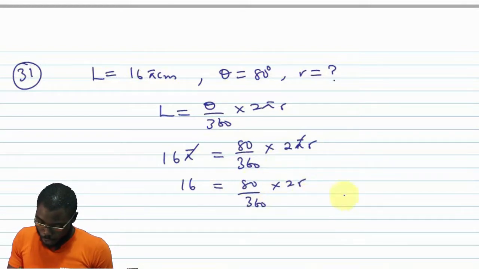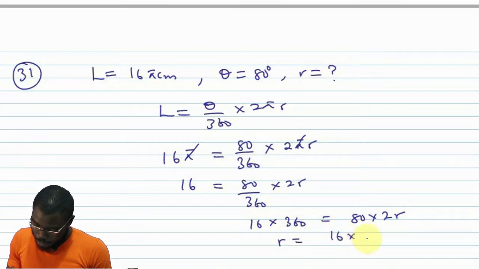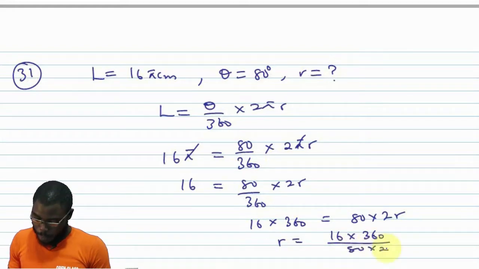If you do your cross multiplication, you have 16 times 360 equals 80 times 2r. So your r is 16 times 360 all over 80 times 2.